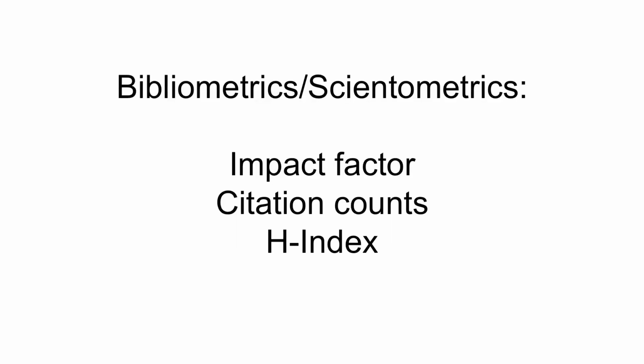And as library and information professionals, we talk about more objective measures, so bibliometrics and scientometric indicators. There is impact factor, there are citation counts, the average citations, the H index.